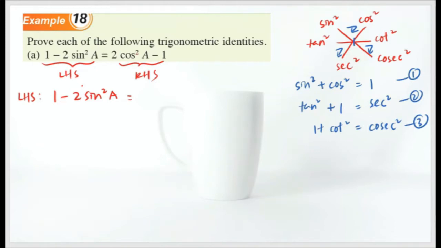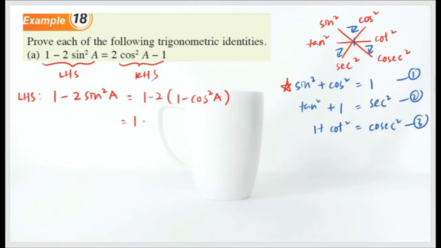So what we need to do is change the sine square to cos square. So we use the first identity. Sine square a is 1 minus cos square a, from the first identity.